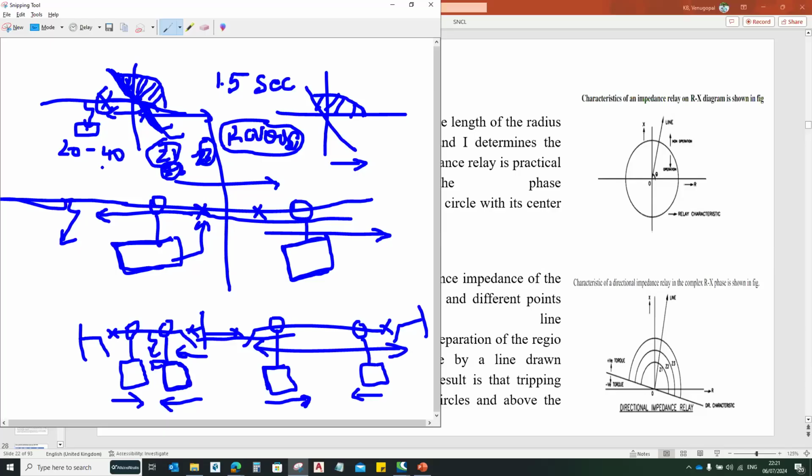Yes. You are considering the R value and X value of the transmission line, so based on this, they will calculate the tan inverse of X by R. Okay, that will give the effective impedance value, right? Yes.